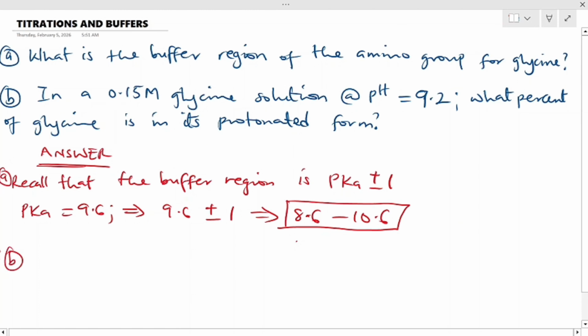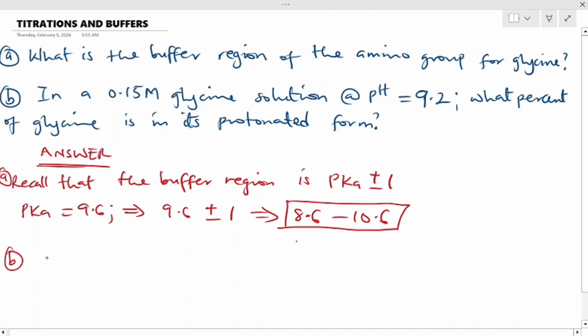So the question reads, in a 0.15 molar glycine solution at pH 9.2, what percent of glycine is in its protonated form? First, you want to know the form of the reaction, that is what? Protonated.